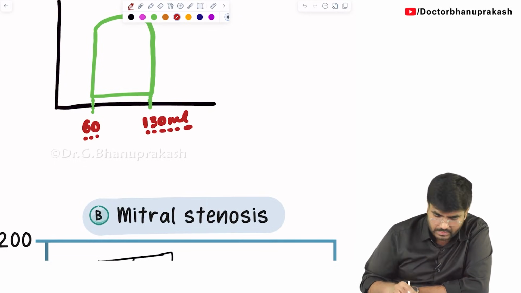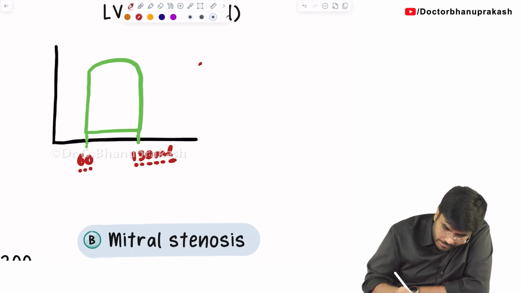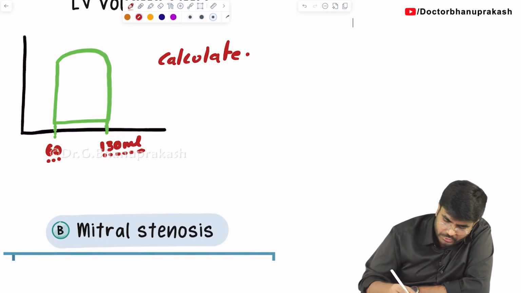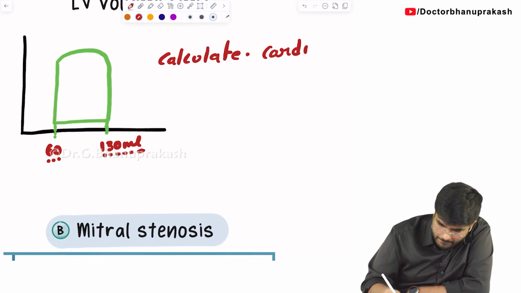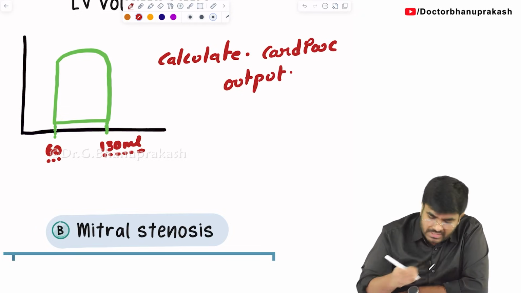They will give you this diagram and ask you to calculate cardiac output. Now you tell me, what is the formula for the cardiac output?